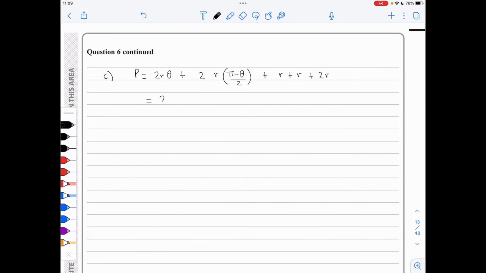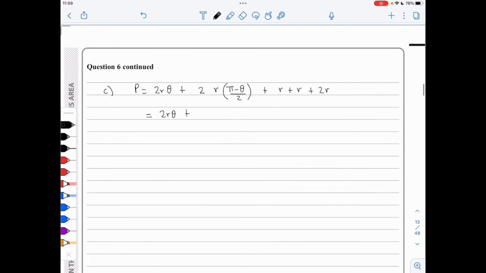So this gives me 2r theta plus the 2 with the 2 cancel out. So it's r pi minus r theta plus 4r, leading to r theta plus r pi plus 4r. It has to be in terms of r, theta, and pi.